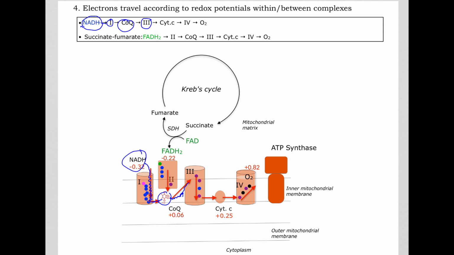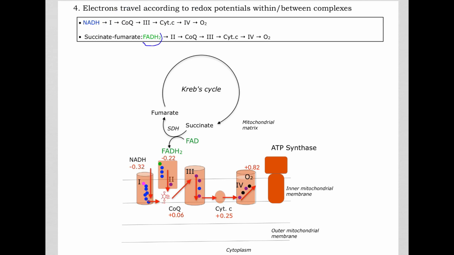These electrons will travel within the various redox centers of complex 3, and will be picked up by cytochrome C, which is the other mobile carrier. Cytochrome C, which is moving around, takes electrons from complex 3 and sends the electrons to complex 4. The electrons in complex 4 go to the redox centers and eventually are donated to oxygen. So oxygen is the final electron acceptor from NADH.